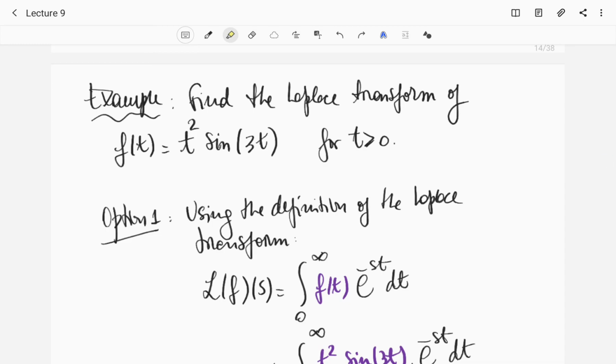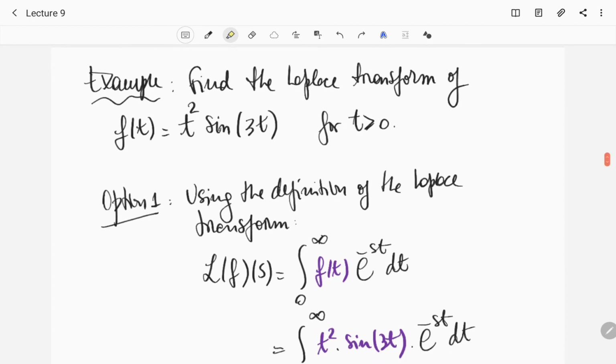So we have to find the Laplace transform of this function, t squared times sine of 3t. Option 1. Remember, at the beginning, in the first part, we only knew the definition, so we can still try.